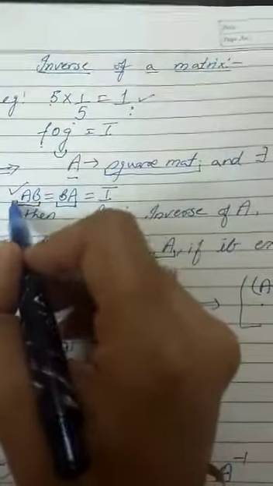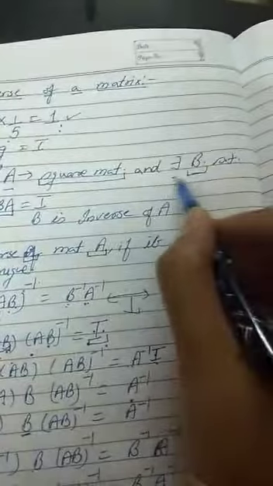If any matrix A is given to me, no doubt it will be a square matrix, and the question says find the inverse of the matrix. So what we will do here, we will use this concept only. What do we have here? If A is a square matrix and there exists another square matrix B such that AB equals BA equals I, the same thing I will apply here.